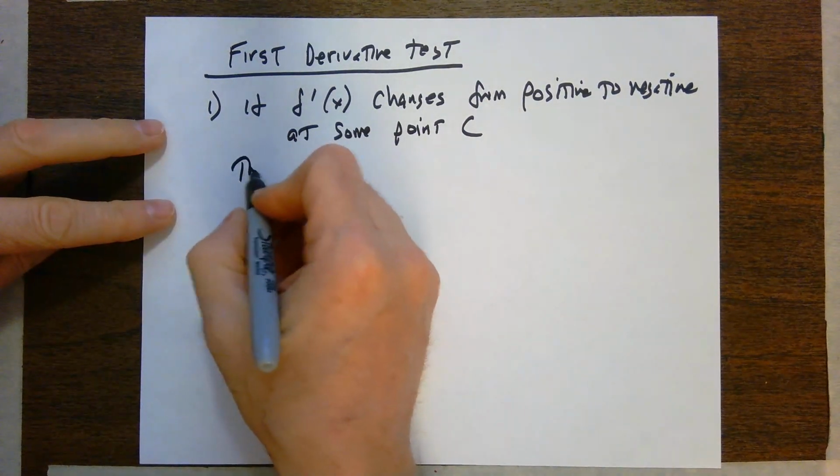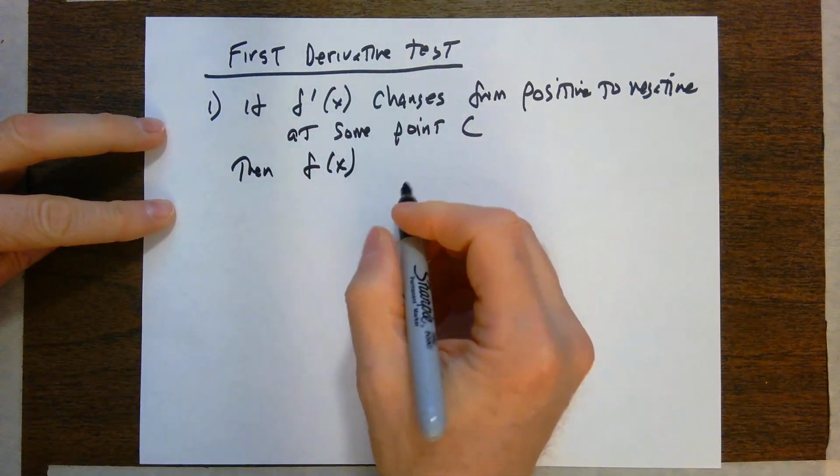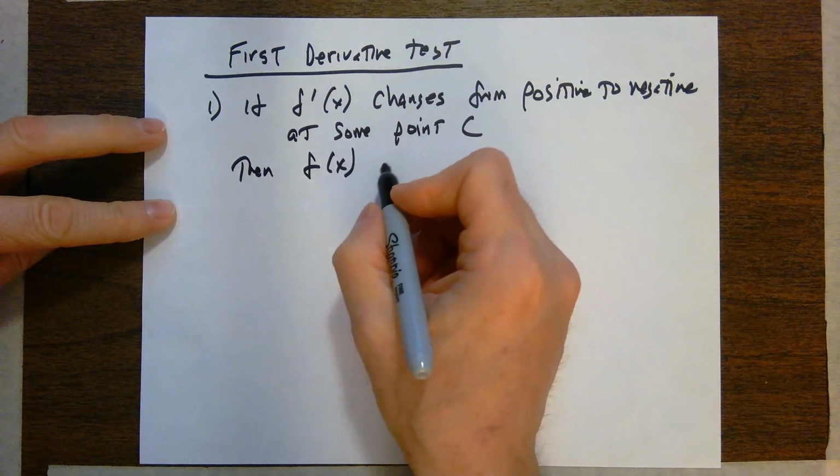Well, then the original function f of x has a maximum at C.